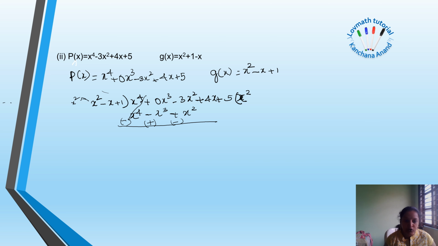And 0x cube plus x cube is x cube, and minus 3x square minus x square becomes minus 4x square. Now let us take this part down for division.